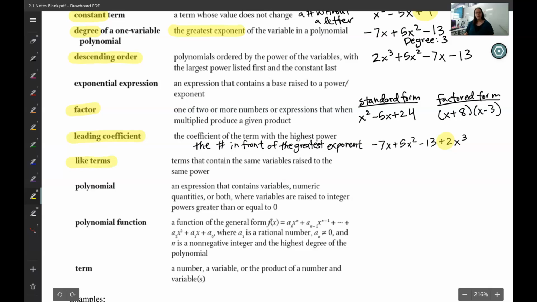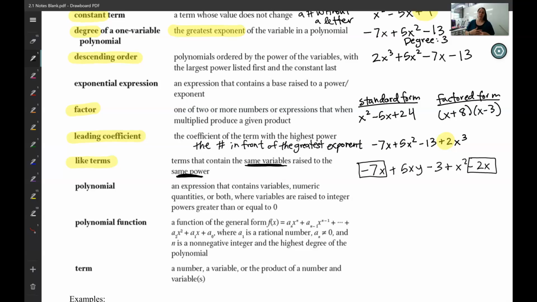Like terms is hopefully something you know from junior high. If I wrote out, say, negative 7x plus 5xy minus 3 plus x squared minus 2x, something like that, if I want to look at like terms, they need to have the same variables raised to the same power. So if I look through here, the only ones that are the same variable raised to the same power would be those two.